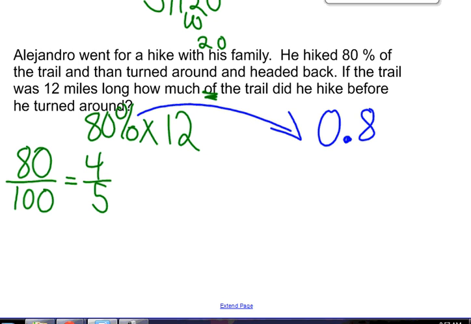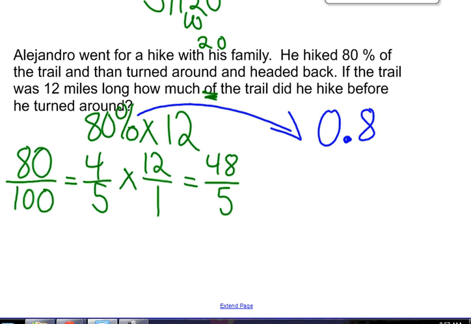So if we first start and we solve for this, we're going to take this times 12. 4 times 12 is 48. Divided by 5. And now suddenly we have a little bit harder problem because it's not really going in evenly, right?